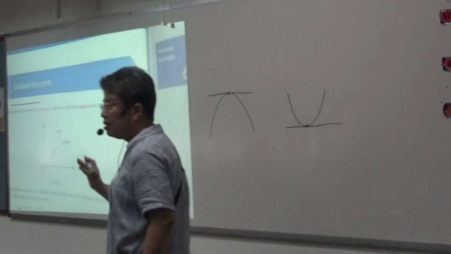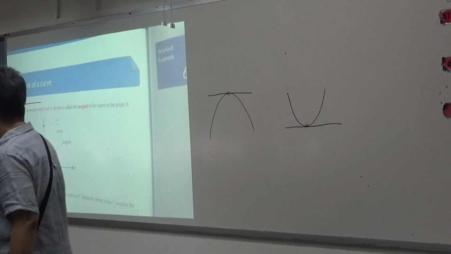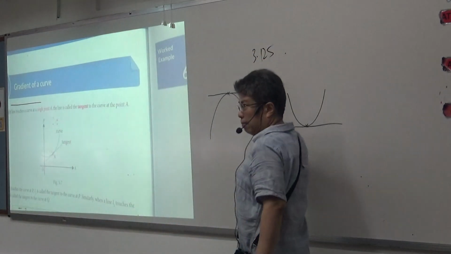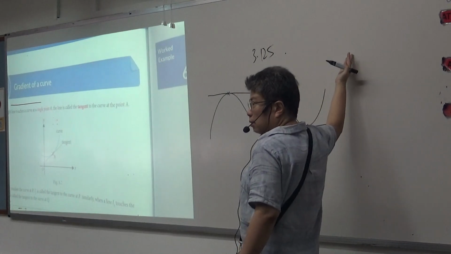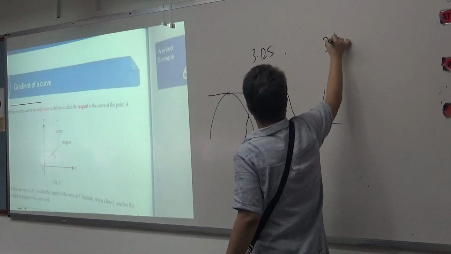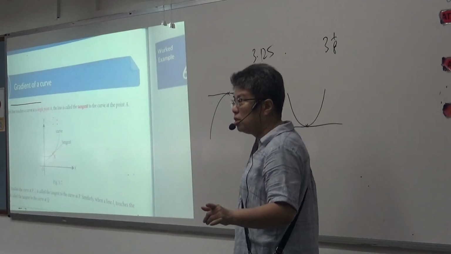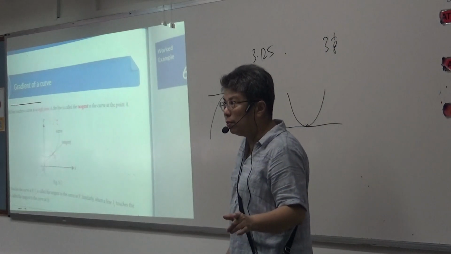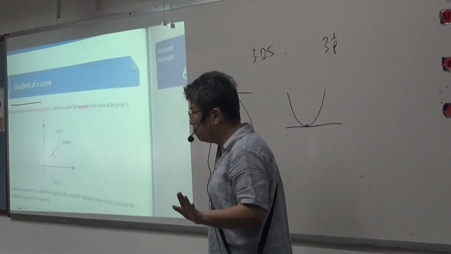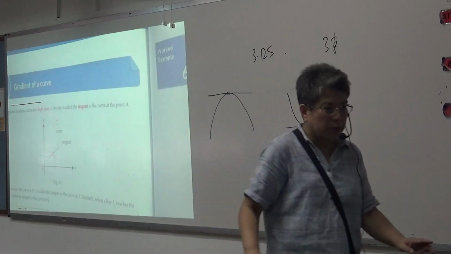If it's not exact, then you give it to 3 significant figures. 3.125 is exact, because there are no more extra places. This is actually 25/8. Can you see? It's a rational number. Everybody clear with what I'm saying? Everybody perfectly clear? Okay, very good.